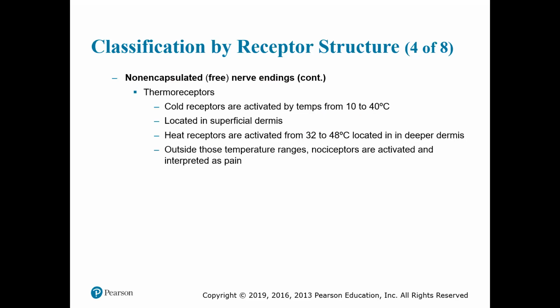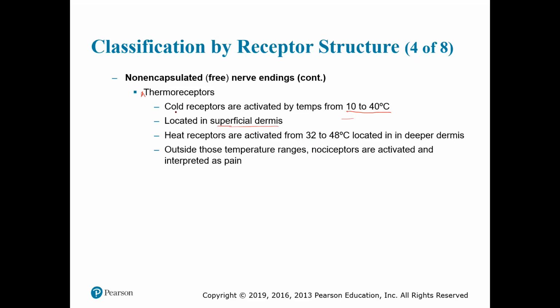Some more thermoreceptors. And here are the temperatures, right? Activated by temperatures 10 to 40 degrees Celsius. I won't ask you that, but something like that could show up. In the superficial dermis, free nerve endings go to the epidermis.